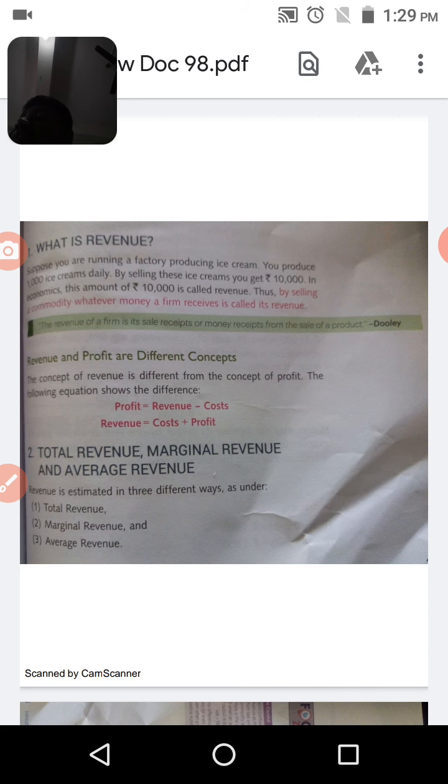In economics, this amount of 10,000 is called revenue. By selling a commodity, whatever money a firm receives is called its revenue.